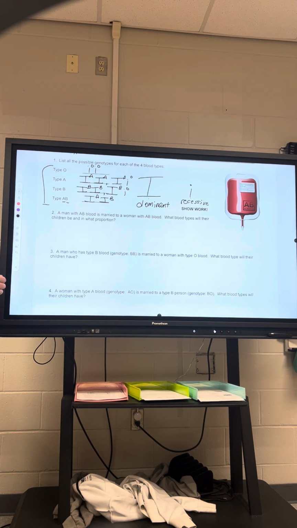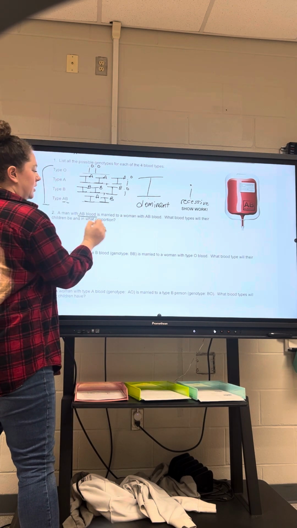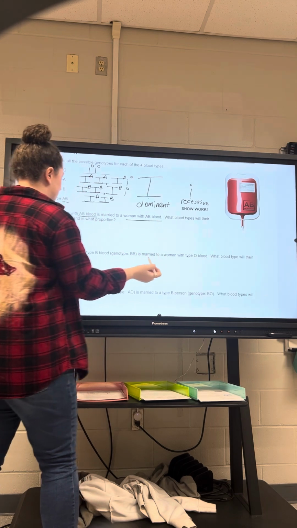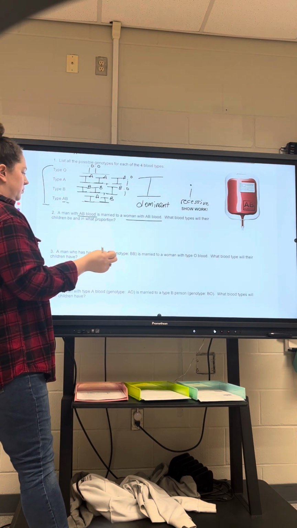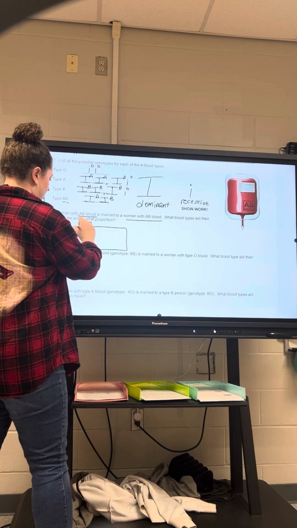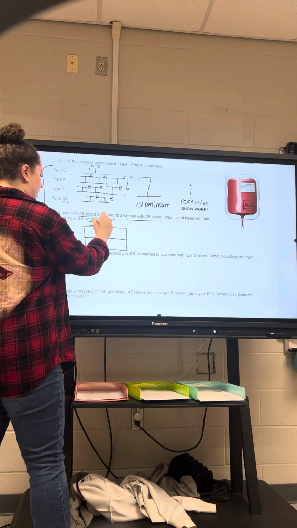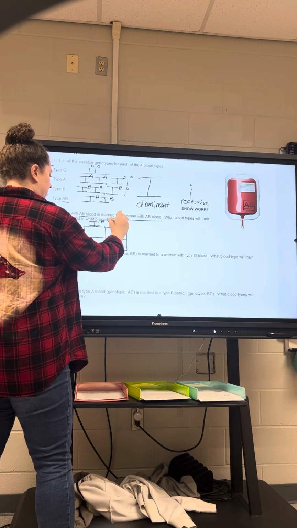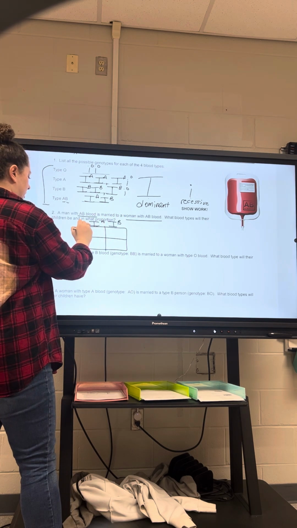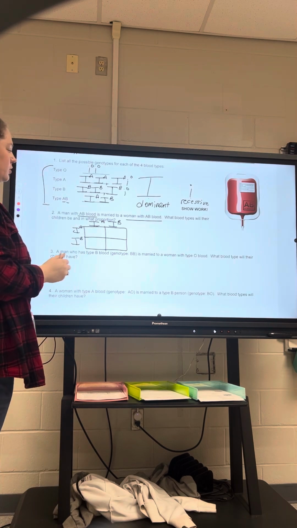So we're going to do this practice problem, number 2. We're going to have a man with AB blood married to a woman with AB blood. What blood types will the children be and in what proportion? So we're going to set up our Punnett square. We have I A, I B, I A, I B, and then we just run the Punnett square like normal.